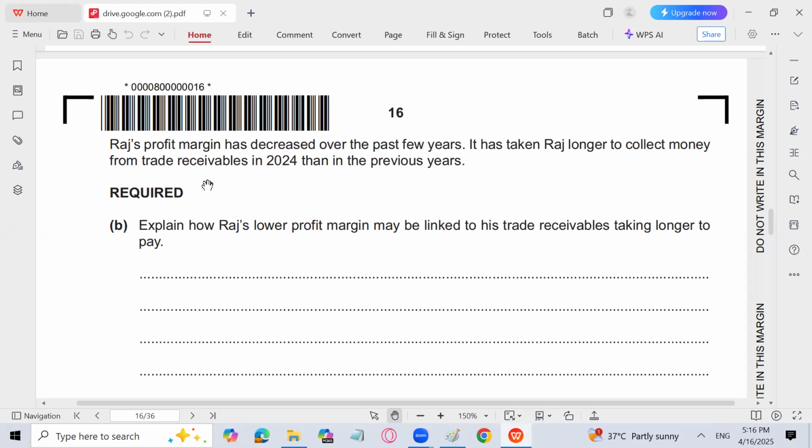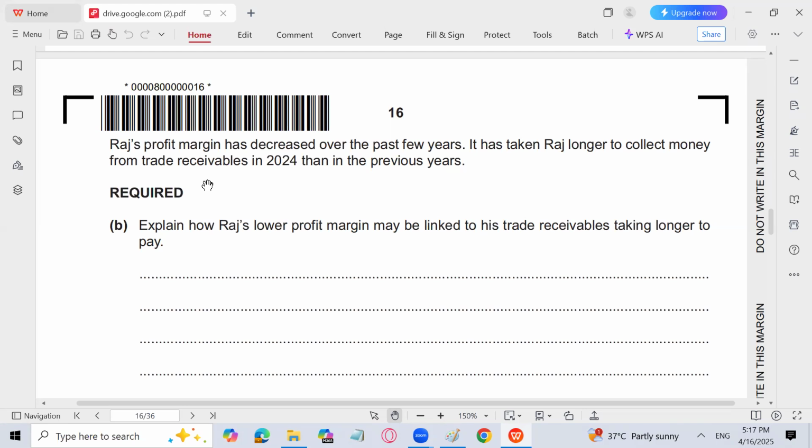It means that your expenses have been increased, and your expenses have been increased because your trade receivables have become bad debts, because of that the profit is decreasing, or because it has taken Raj longer to collect money from trade receivable in 2024 than in the previous year. Our trade receivable turnover ratio has basically taken more time.